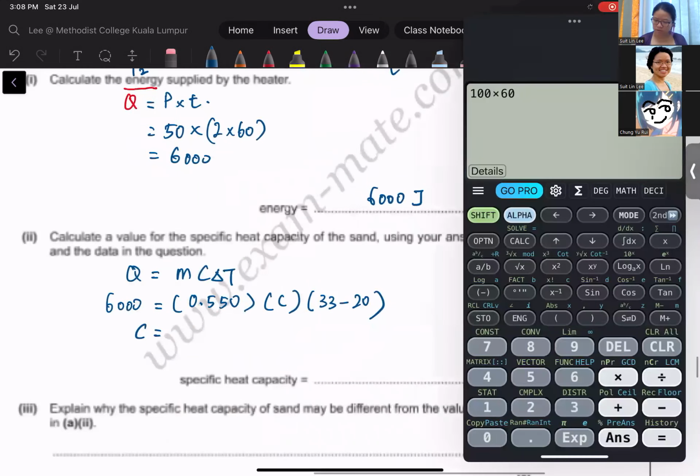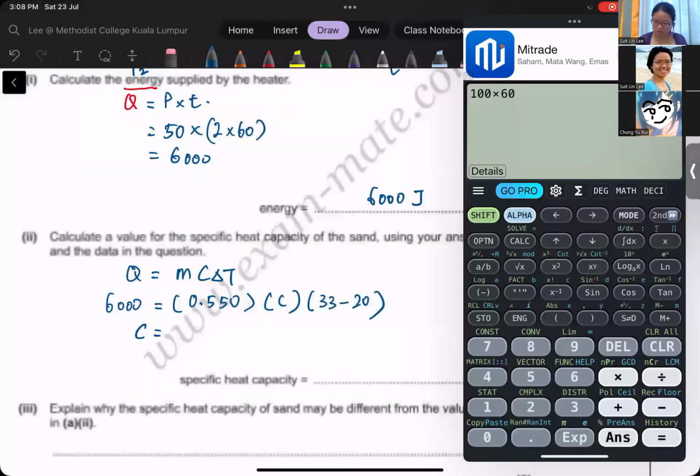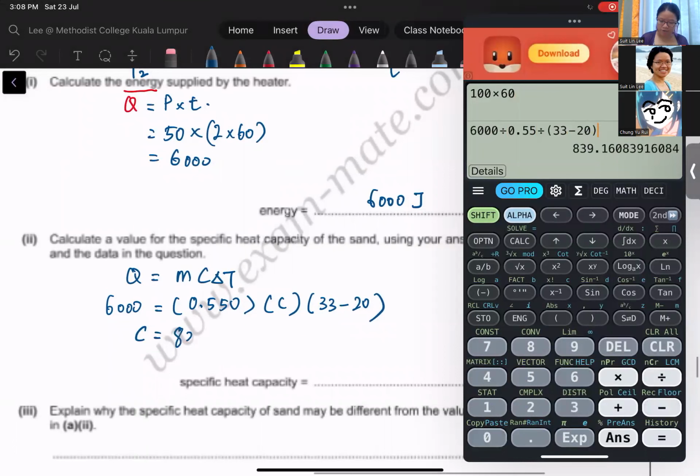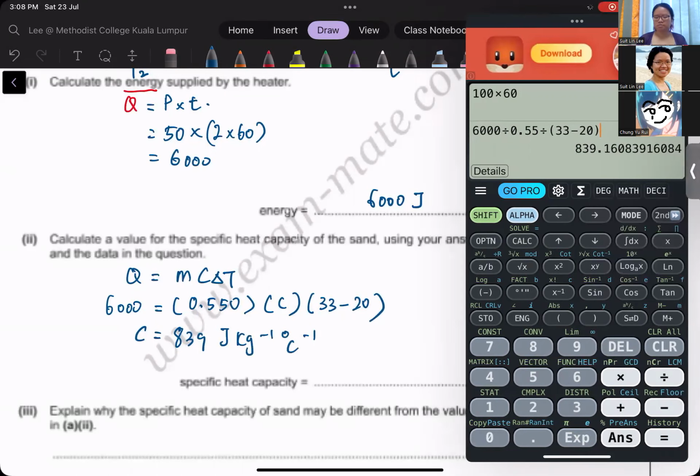So our C here would be 6,000 divided by 0.55 divided by 33 minus 20. So 839 joule per kilogram, because I divided by 0.55, per degree Celsius, because I multiply by the change in temperature.